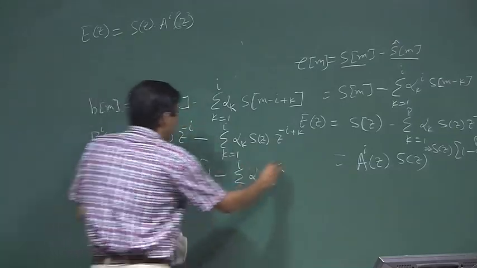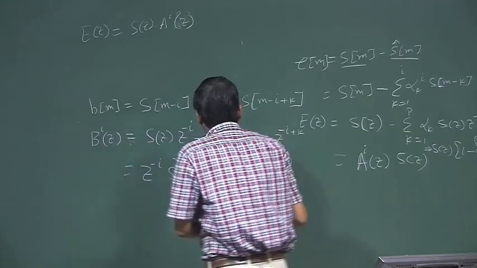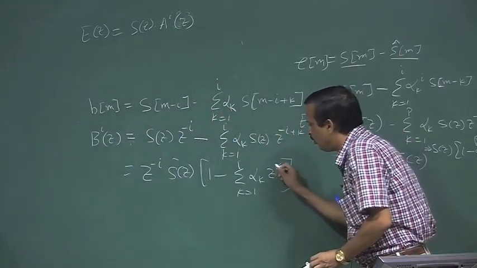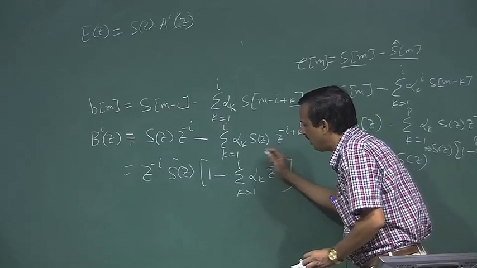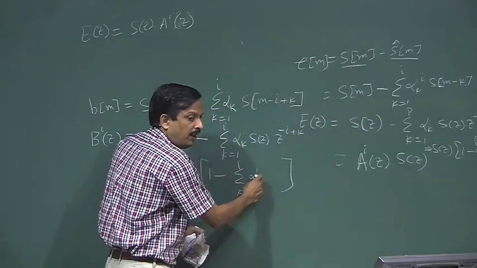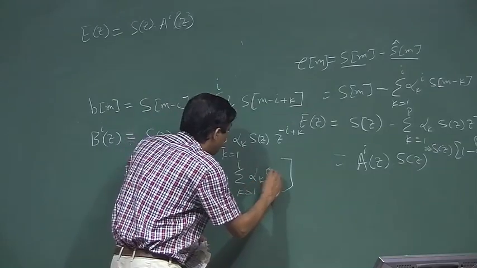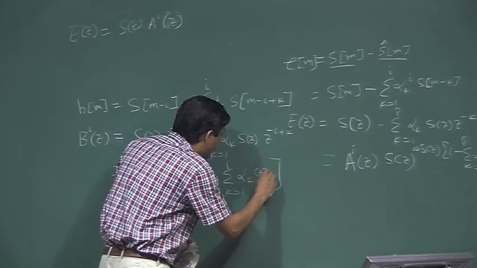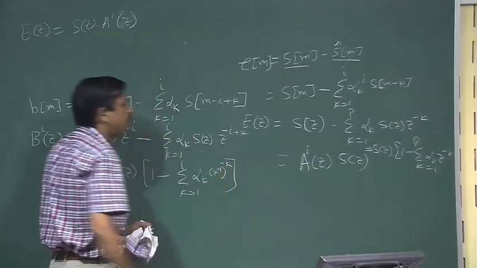If I write z to the power k, which is positive, I can say z to the power k is nothing but z to the power minus, minus k.